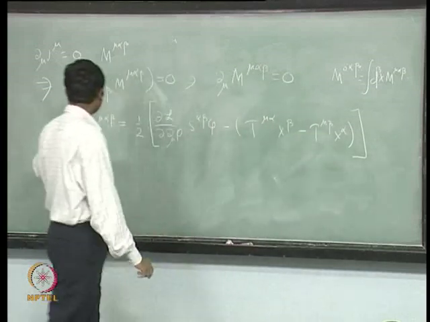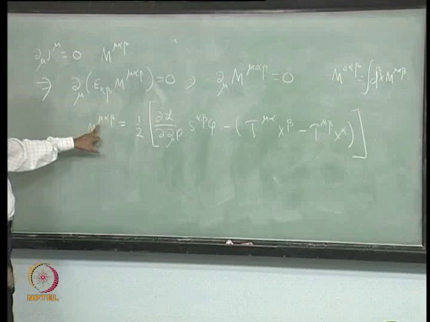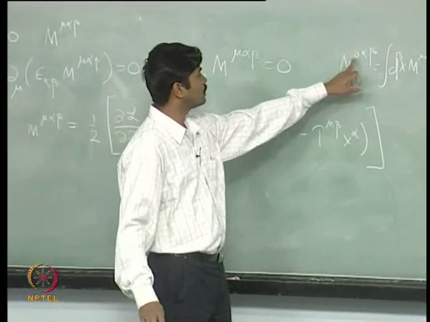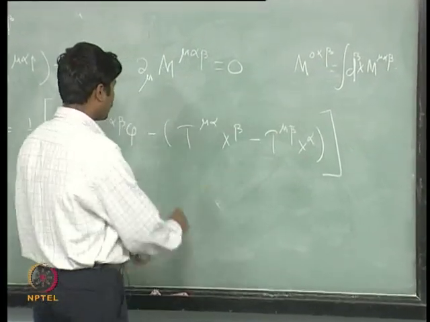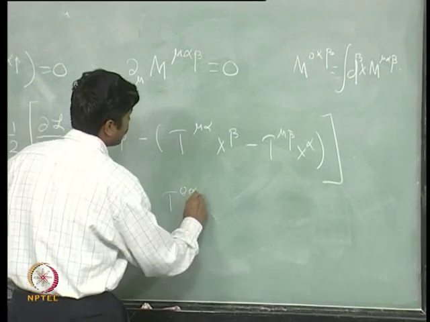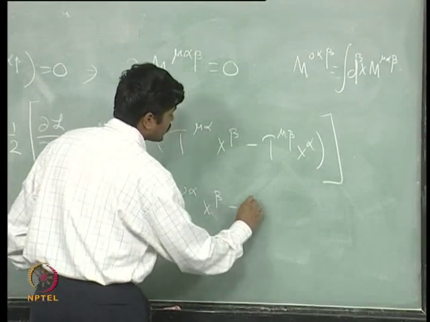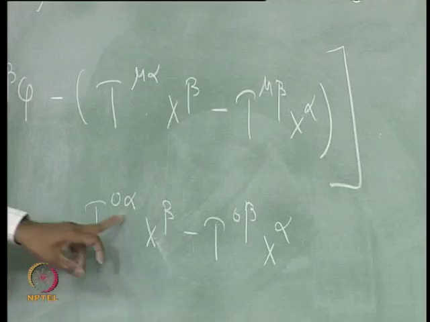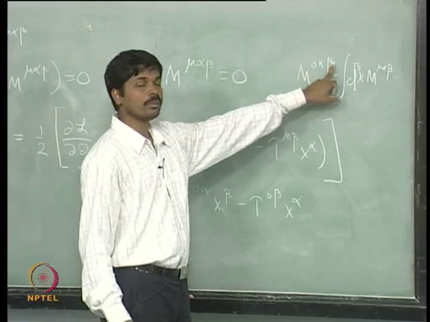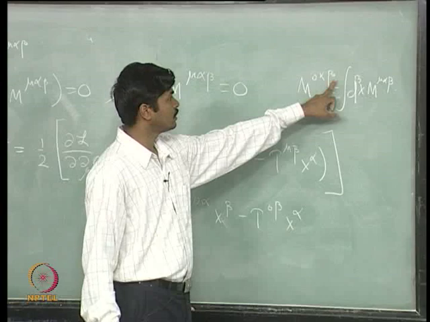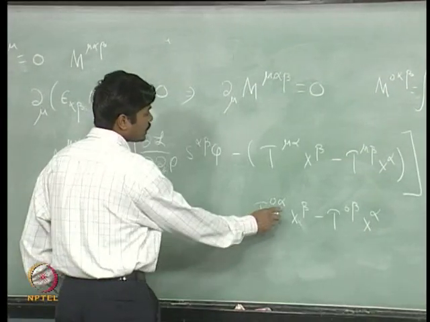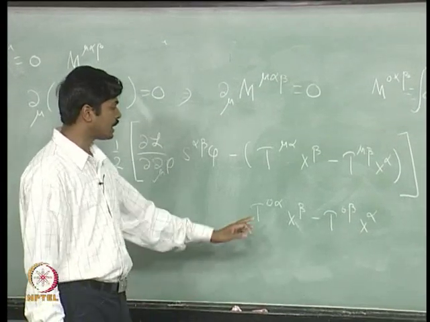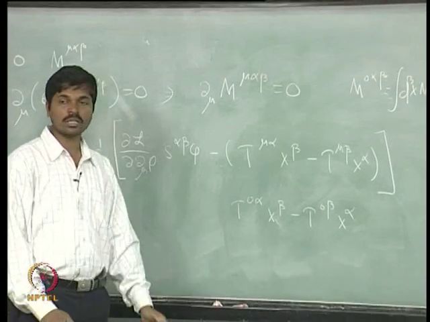Now, what is the physical interpretation for this quantity? If you look at the second term of M0 alpha beta, it is T0 alpha x beta minus T0 beta x alpha. If you consider the ij-th component of M0 alpha beta, then you get T0i xj minus T0j xi, which is basically the ij-th component of the orbital angular momentum.